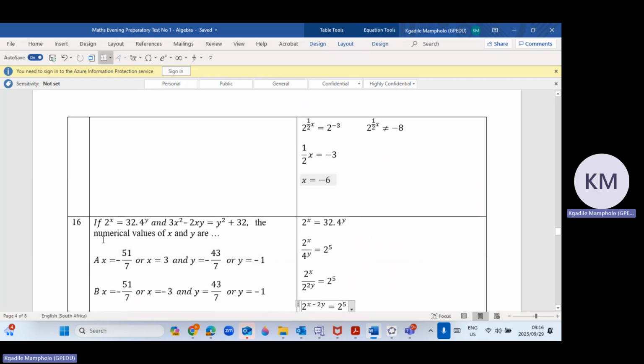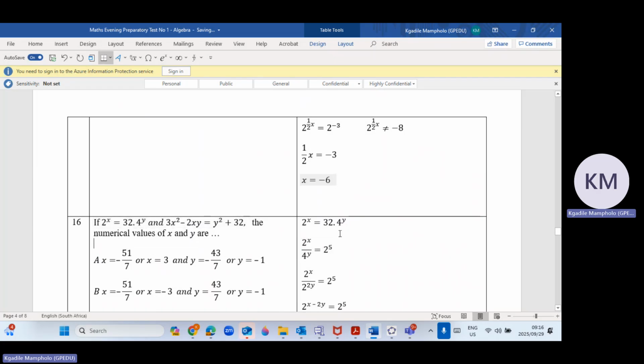And then again here, you have a simultaneous equation where one equation is in exponential form. You change it from exponential form to linear form.